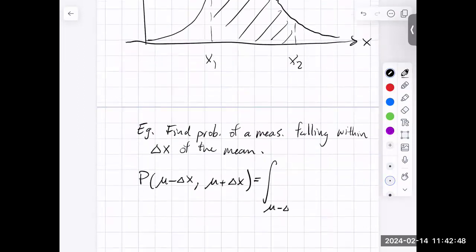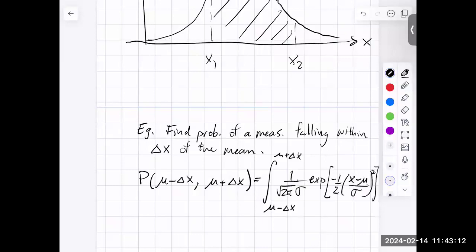And we're going to go from mu minus delta x to mu plus delta x of the Gaussian probability distribution, which is 1 over root 2 pi times sigma. And then we have the exponential of minus 1/2 of x minus mu divided by sigma squared. And then I need my dx.